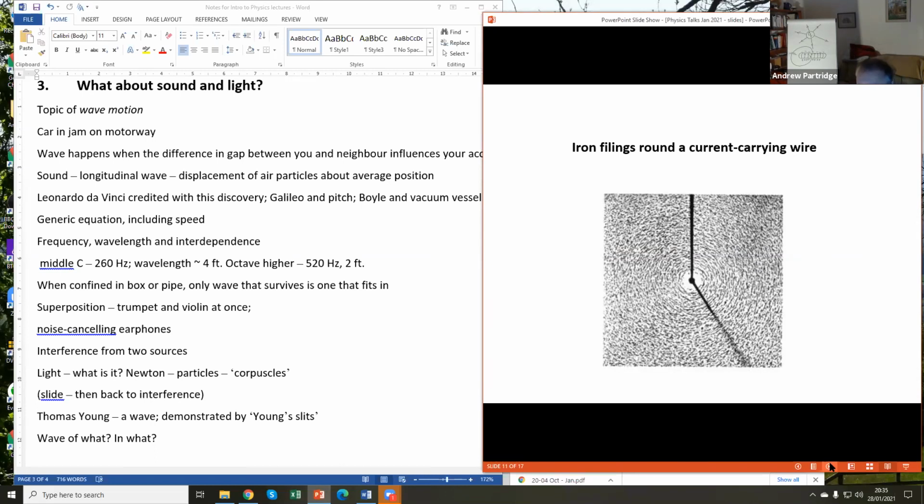And Faraday further discovered that you could actually make a current flow by waving a wire around in a magnetic field. So an electric current makes a magnetic field, and a magnetic field, waving around, can make a current flow. So they're all interconnected.